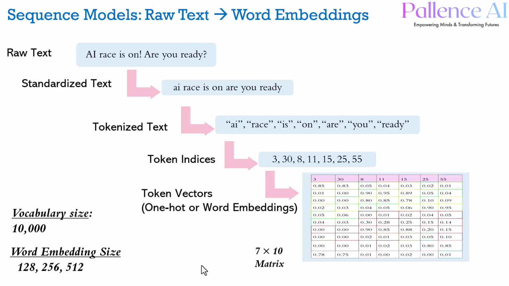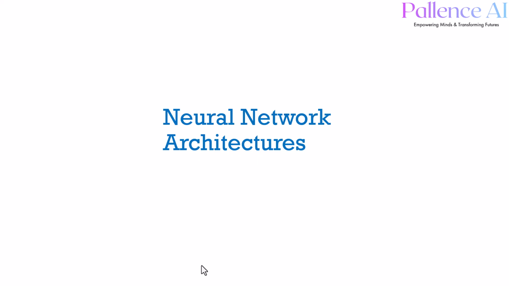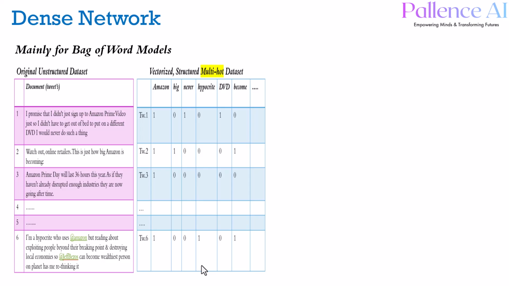Now let's look at the actual neural network architectures. We can use a dense network, particularly for the bag of words model. Again, for the bag of words model, remember, this is our raw unstructured textual data. We have vectorized this into a structured multi-hot data set, where each review, or each tweet, has been converted into numeric format.